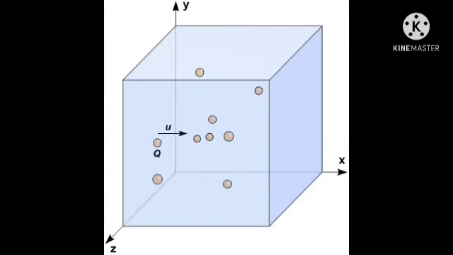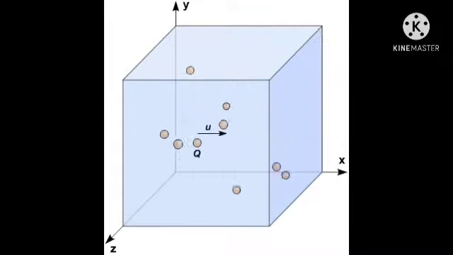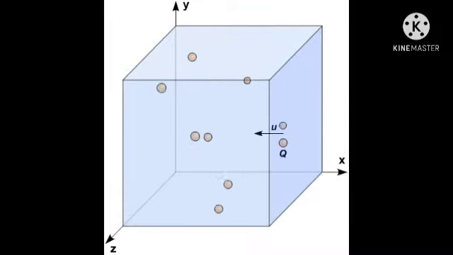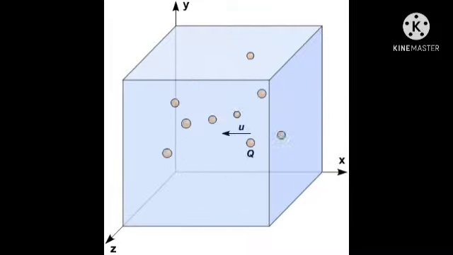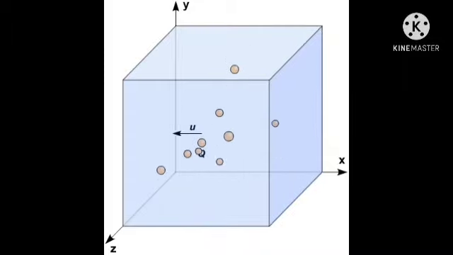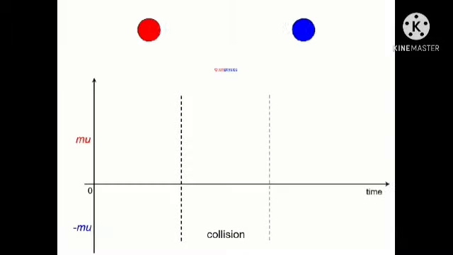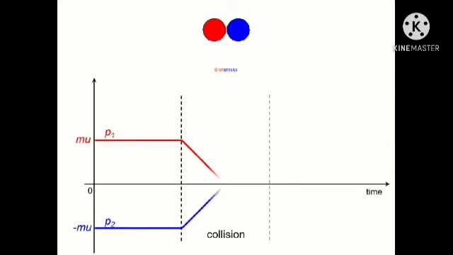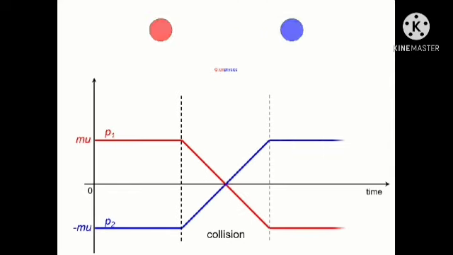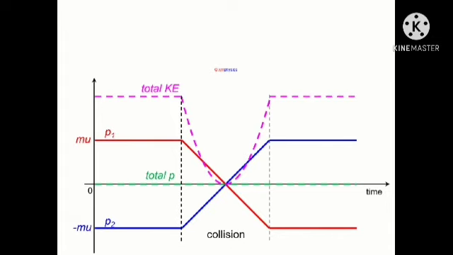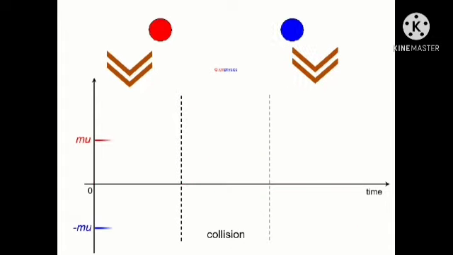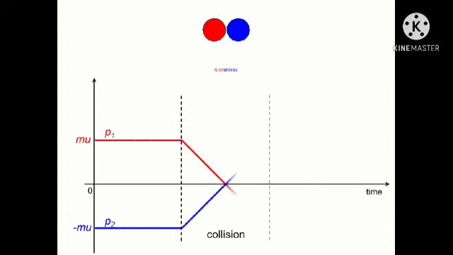The third is that gas particles are in a constant state of random motion and move in straight lines until they collide with another body. The fourth is that the collisions exhibited by the gas particles are completely elastic. When two molecules collide, the total kinetic energy is conserved.